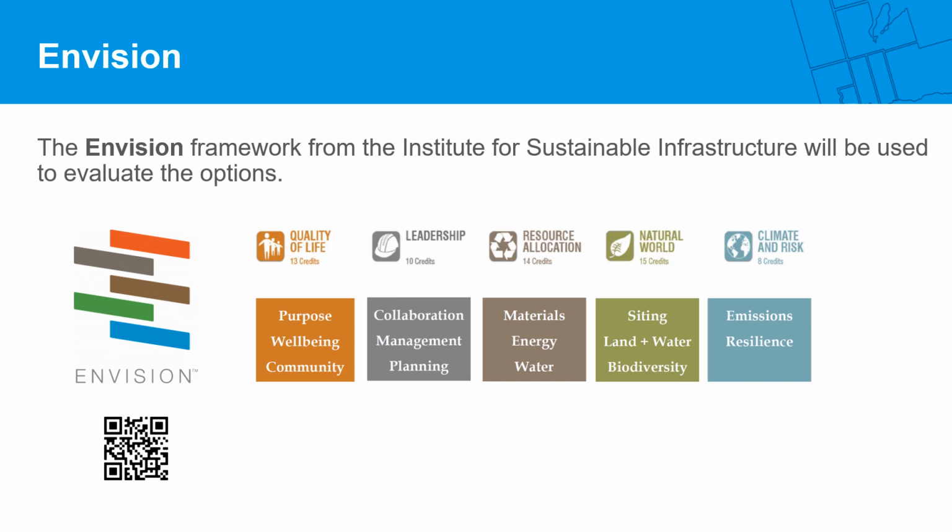To support the evaluation, the project team will use the Envision framework from the Institute for Sustainable Infrastructure. The Envision framework is becoming a standard to demonstrate environmental stewardship for public infrastructure. The framework will be used to evaluate how the project contributes to social, economic, and environmental sustainability.